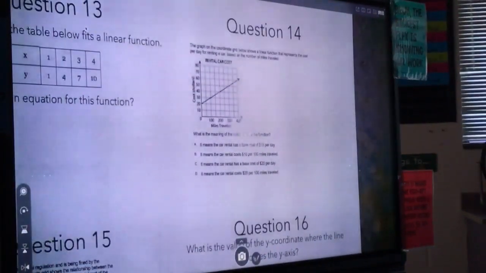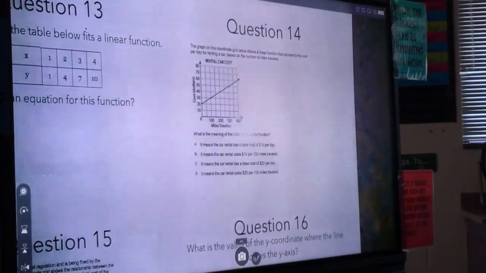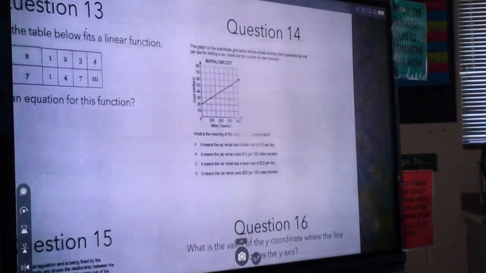Okay. So number 14 says the graph on the coordinate grid below shows a linear function that represents the cost per day for renting a car based on the number of miles traveled. So this was like the he said, she said activity. It says, what is the meaning of the initial value for the function?